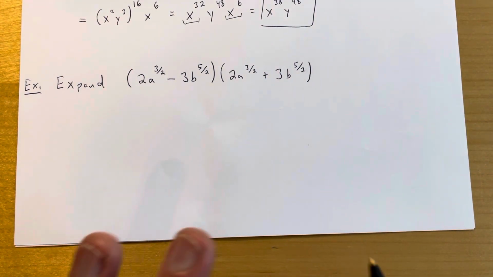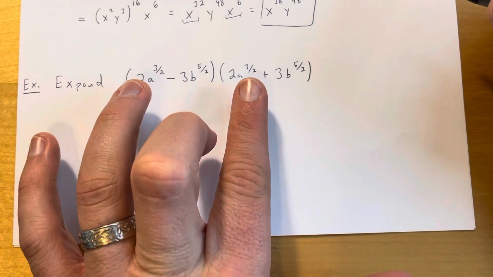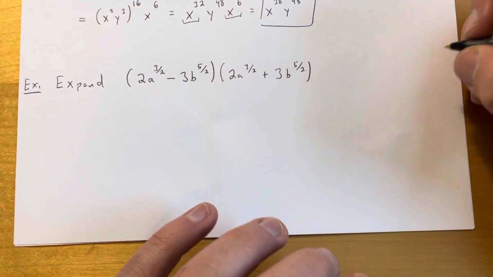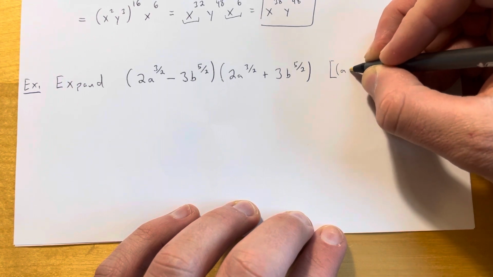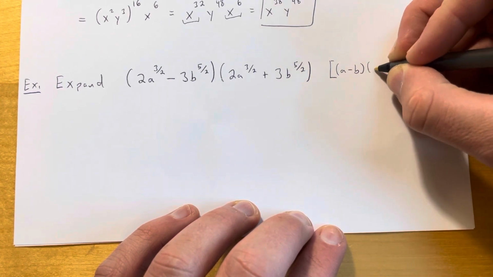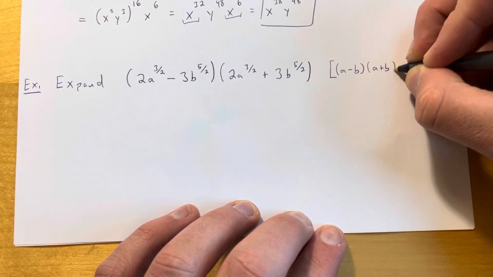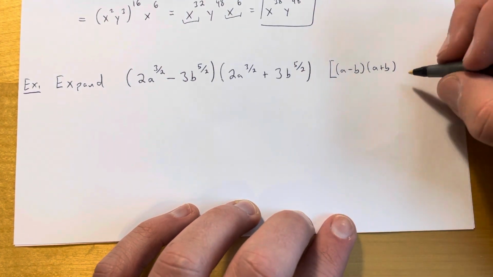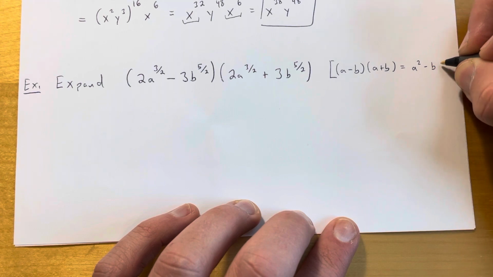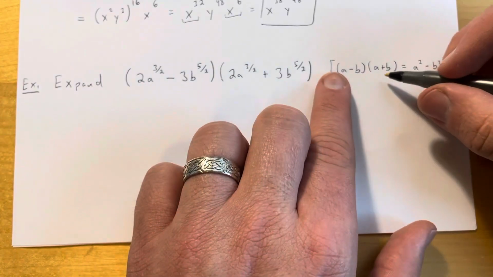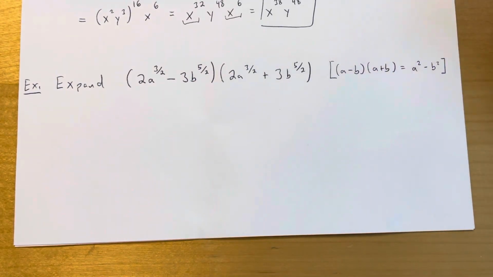Now, the reason we care about these is because there is a shortcut to multiplying this out. In algebra, you learned about something called a difference of squares. If I have an expression of the form a minus b times a plus b, that is always going to multiply out to a squared minus b squared, the first term squared minus the second term squared.